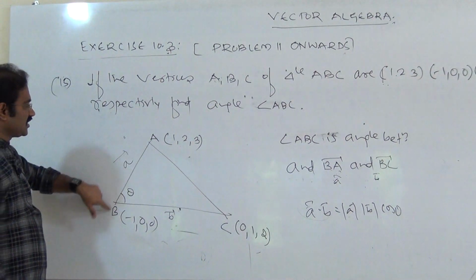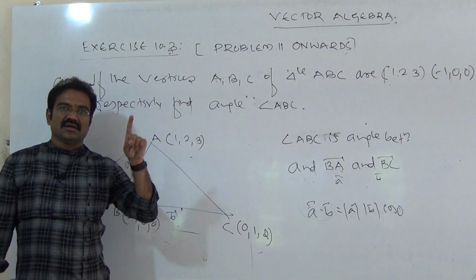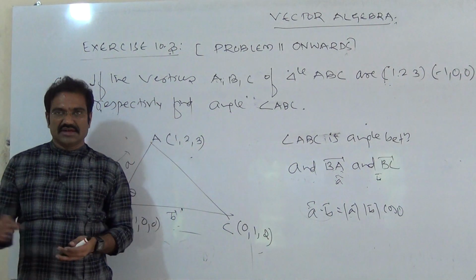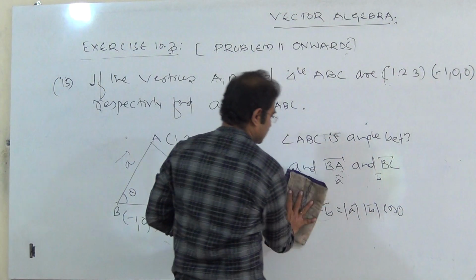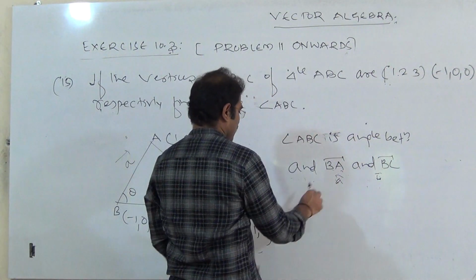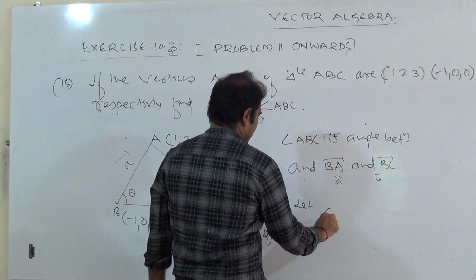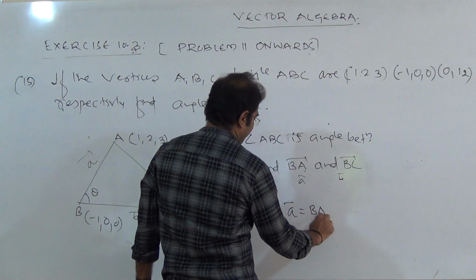BA is a vector joining the 2 points. We know the formula for that: how to find the vector joining the 2 points. Yes. Therefore, let A be equal to BA.